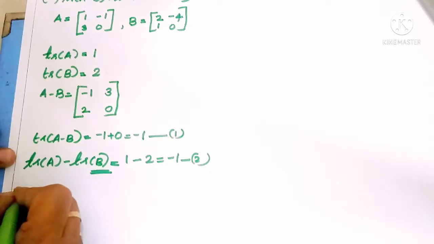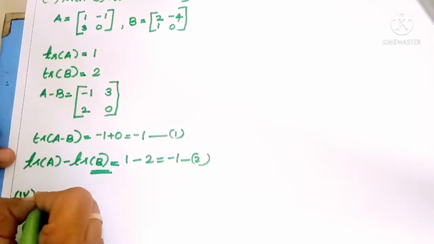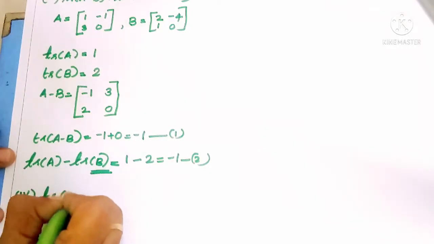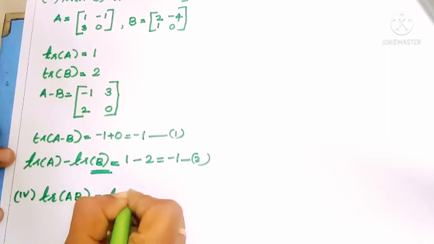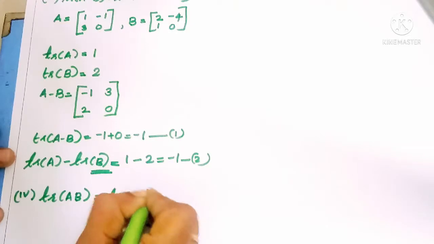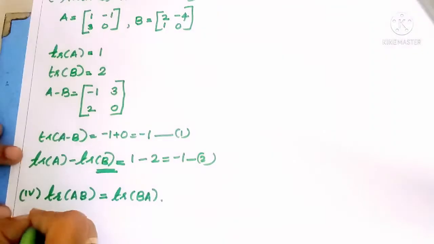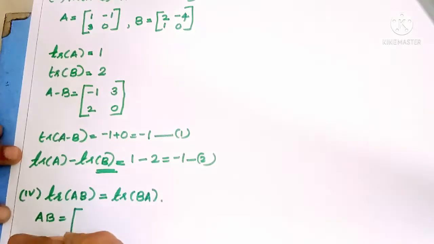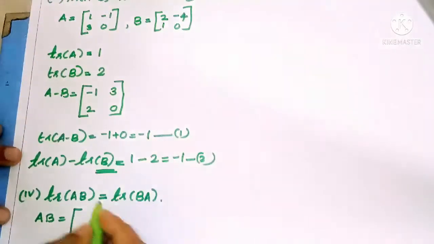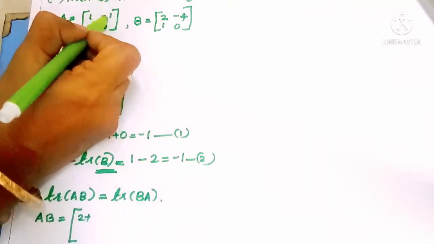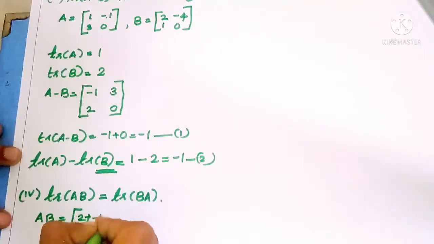Next, move to the fourth property, that is trace of AB should be equal to trace of BA. Okay, so first find out AB. We can multiply A and B matrix. First, 1 into 2 becomes 2 plus minus 1 into 1 becomes minus 1.